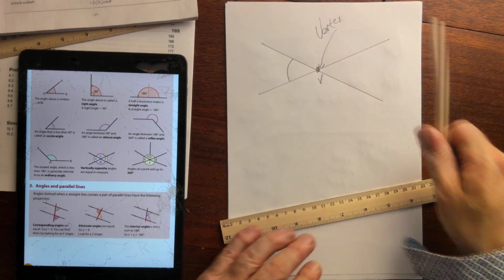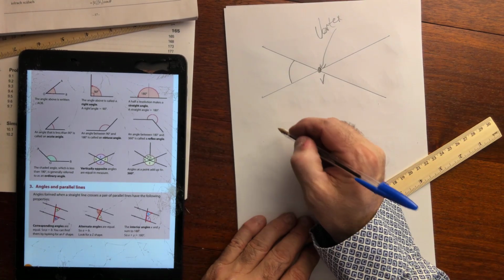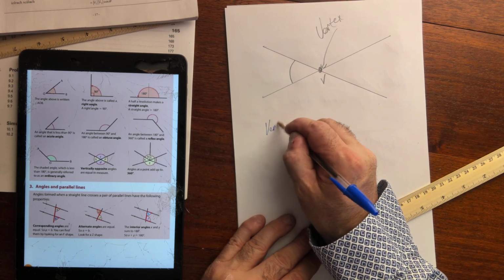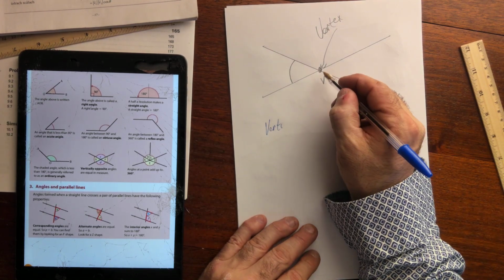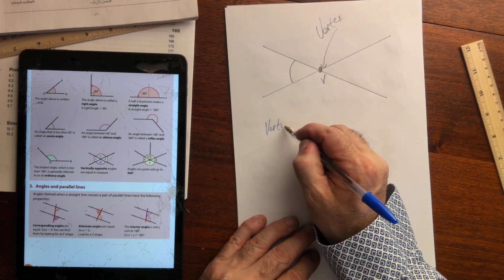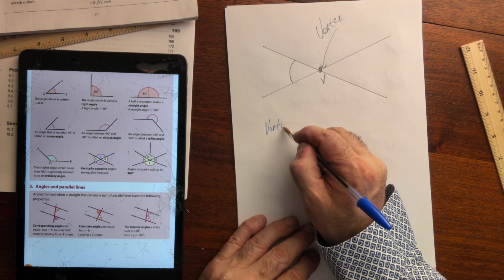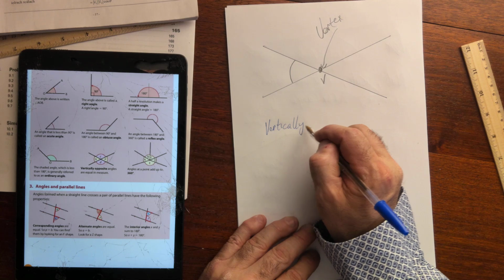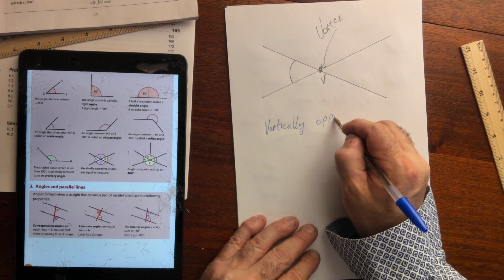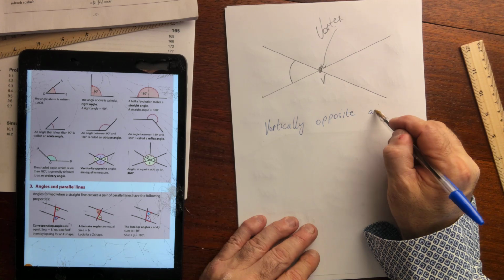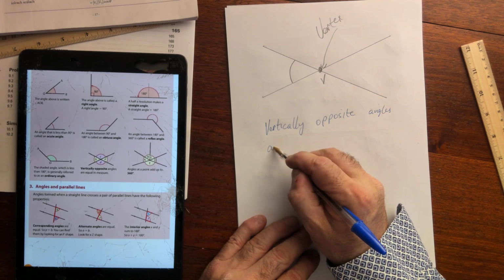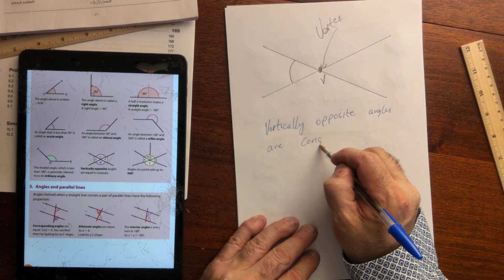We look at the words vertically opposite, so you want to write this down. It's got nothing to do with vertical up and down. It's got to do with the vertex, and the adjective that goes with vertex is vertically opposite. So vertically opposite angles are congruent.